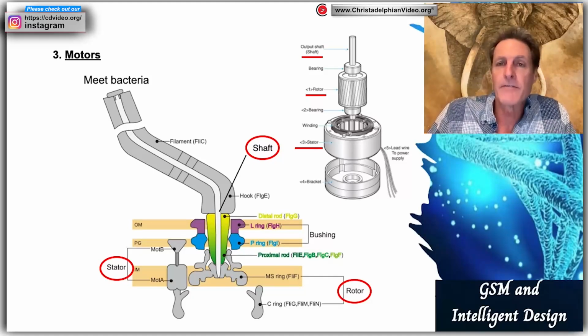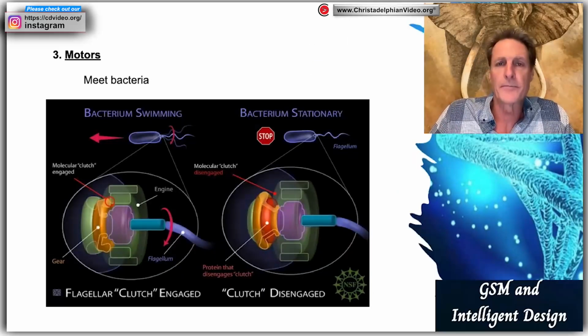And the answer is you have a clutch. And this little guy does so with similar incredible engineering. He has built around his motor a gear and a clutch. He engages or disengages the gear to the rotor using the clutch.